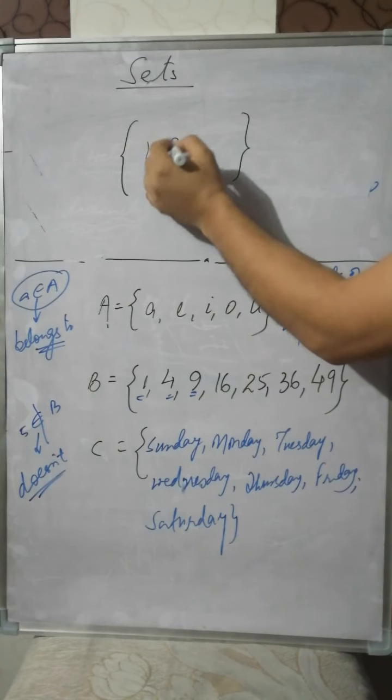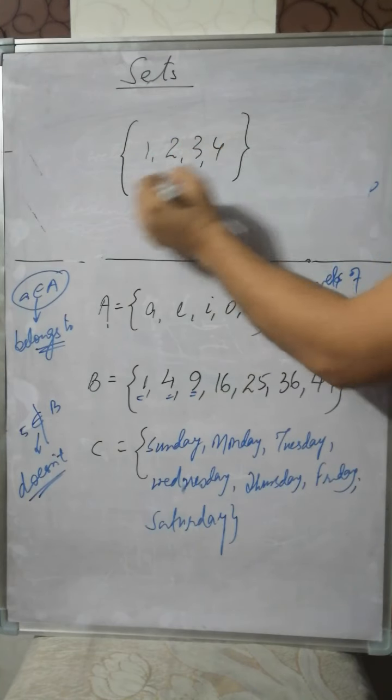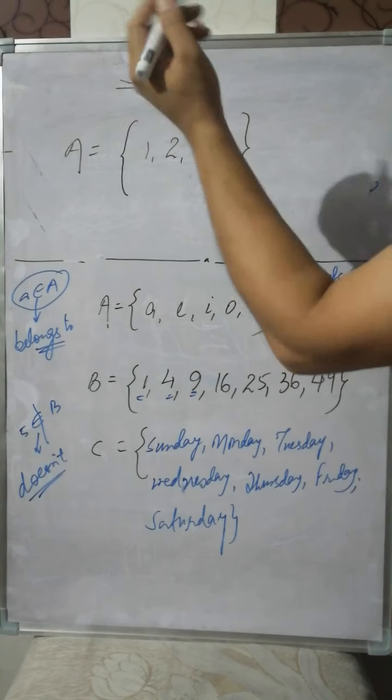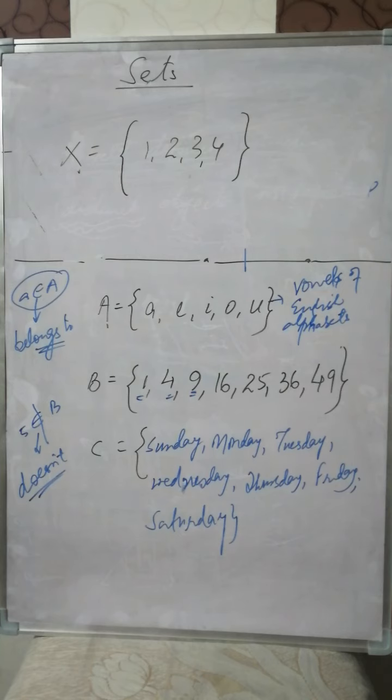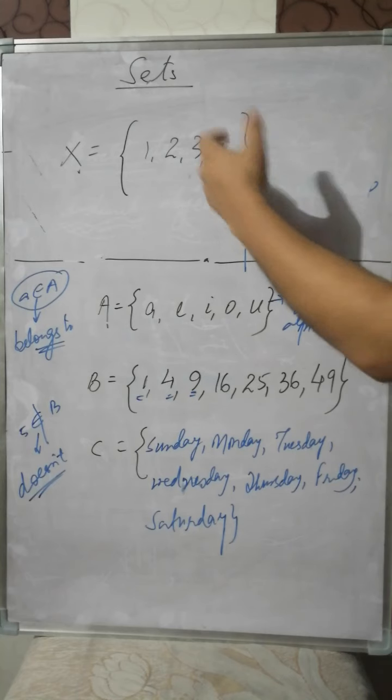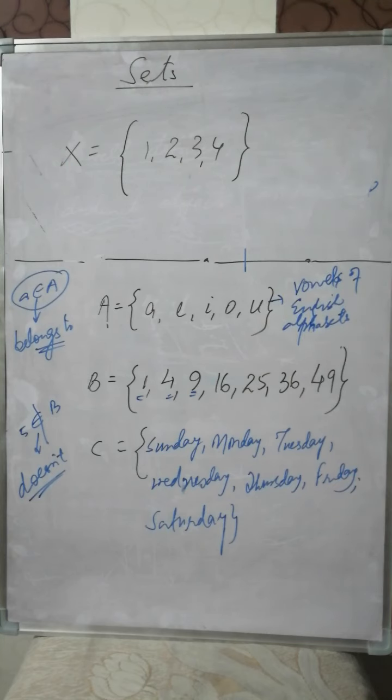Like if I write 1, 2, 3, 4, let me take this set as set X. Here 1 is an element of X, 2 is an element of X, 4 is an element of X. As 5 is not there in X, 5 does not belong to X. If something is there in the set, it belongs to the set. If it is not there in the set, it does not belong to the set.